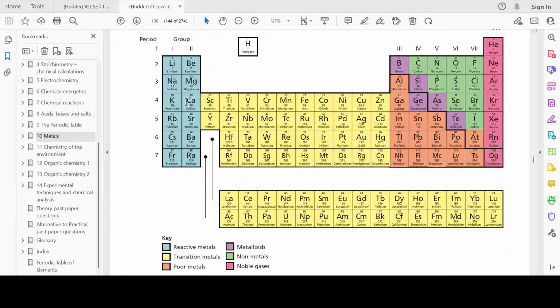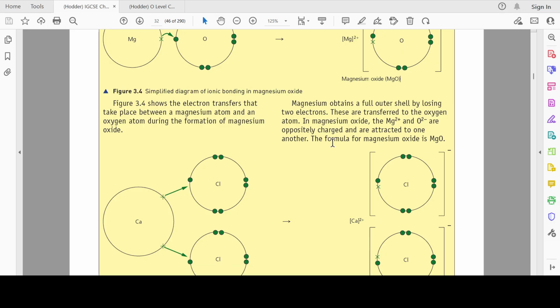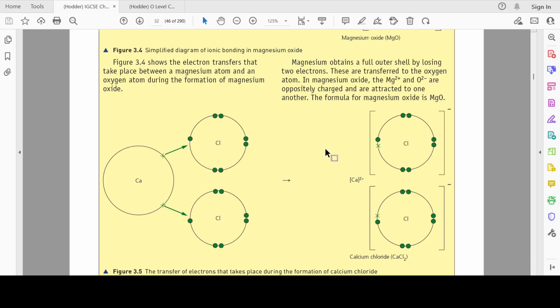As you can see, calcium is lower down in the group, and so its atomic size is larger. They've represented that in this particular diagram. It's not something you have to be careful about when you are drawing the dot and cross, but it's something to notice.